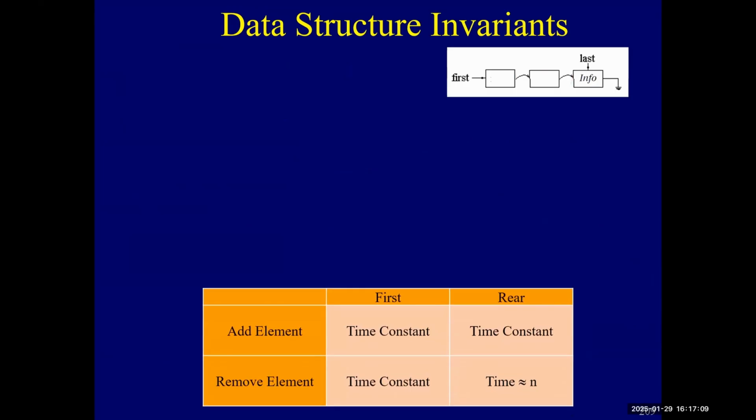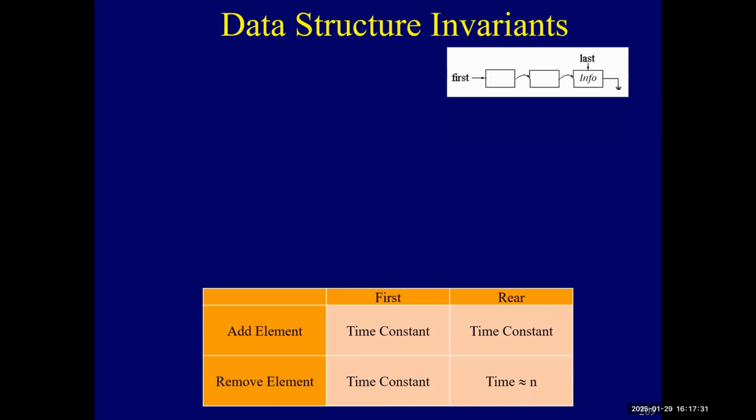All right, so here's a little table. If you want to, at the beginning of the queue, you can add and remove in constant time. From the end of the queue, you can add in constant time, but removing takes a long time.